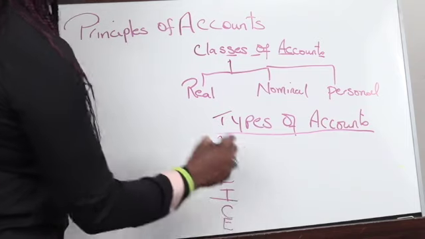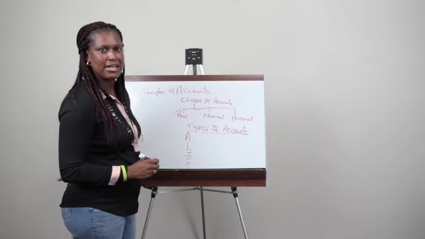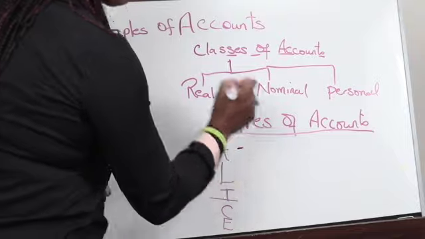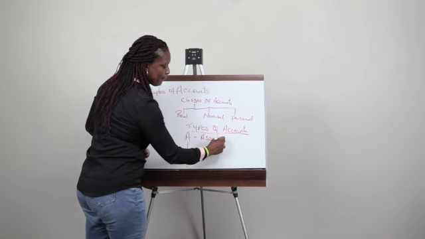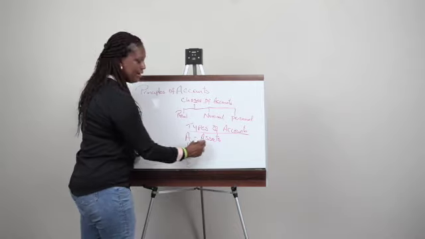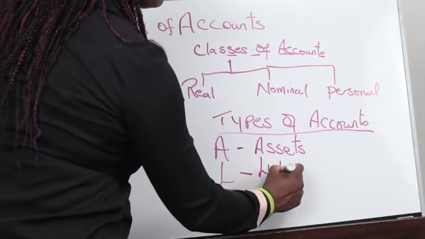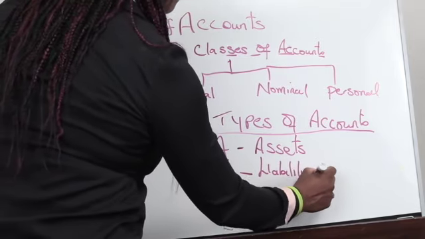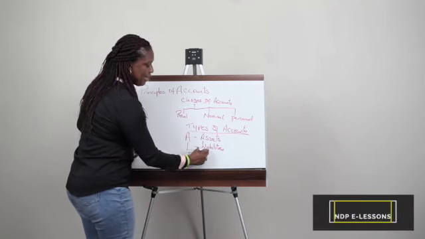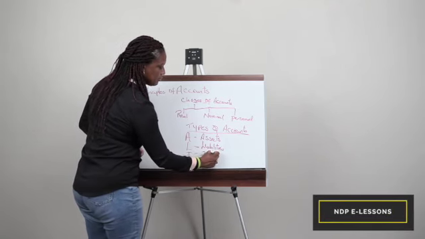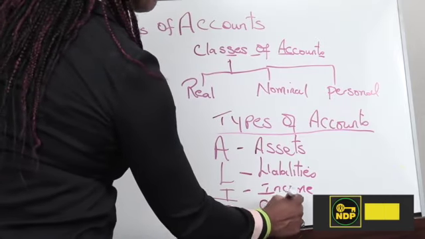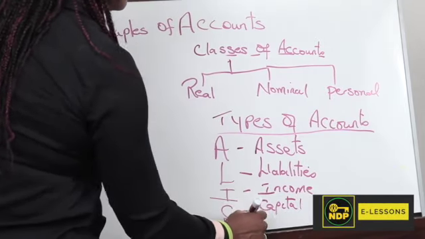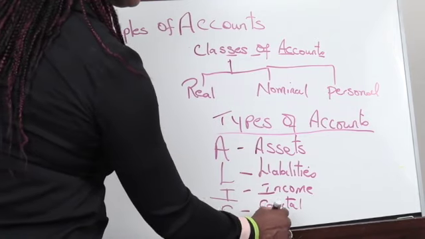And ALICE should be your best friend in accounting. A for assets, L, liabilities, I, income, C, capital, and E, expenses.